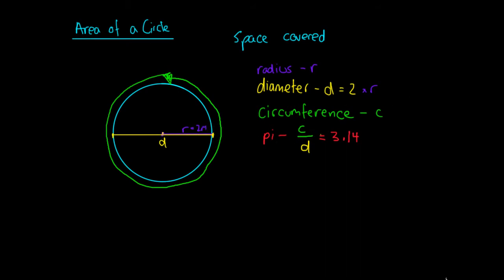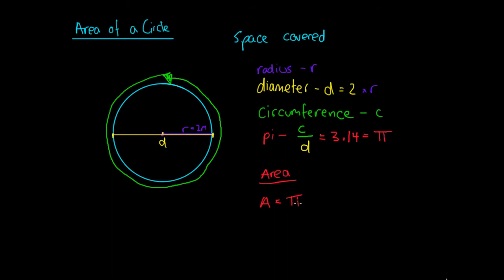So for circles, the area of a circle, the area, this capital A, is equal to pi, which we said was 3.14, and I denote pi using this Greek letter.